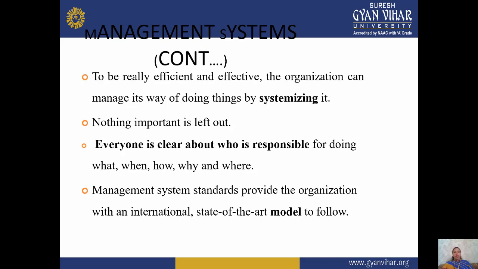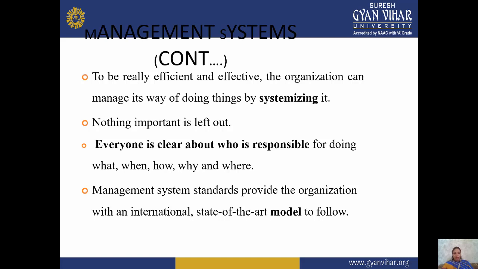To be really efficient and effective, the organization can manage its way of doing things by systemizing it. So we need to systemize our system for quality management, as per the quality management rules, so that nothing important is left out, and everyone is clear about who is responsible for doing what, when, how, why, and where.